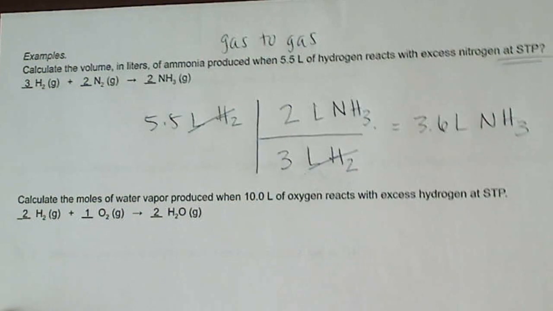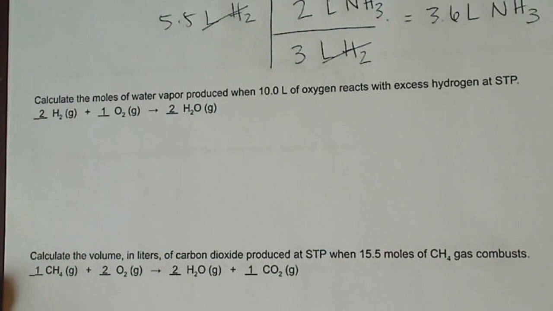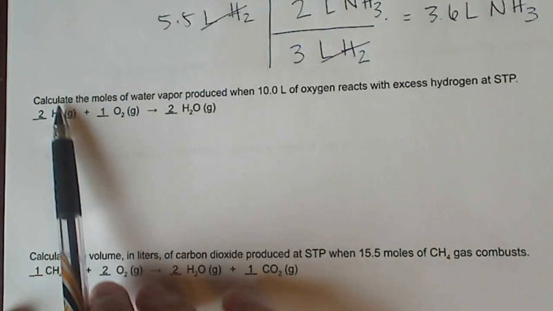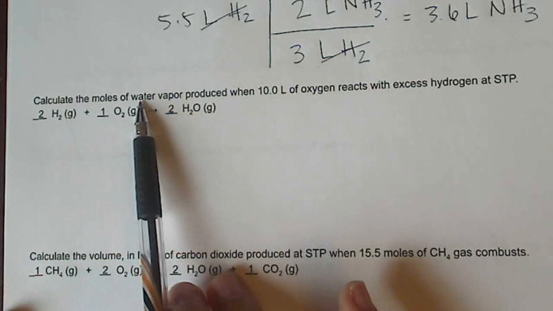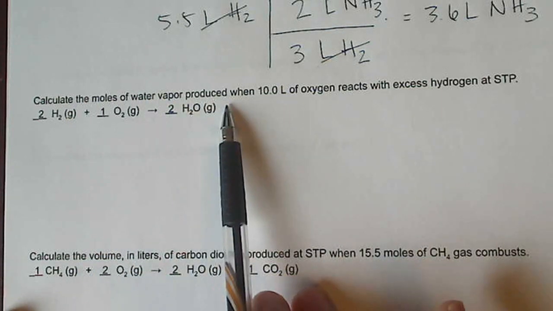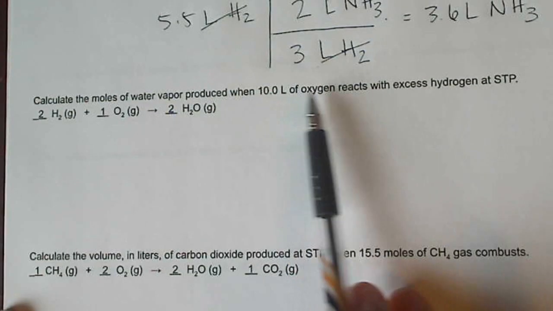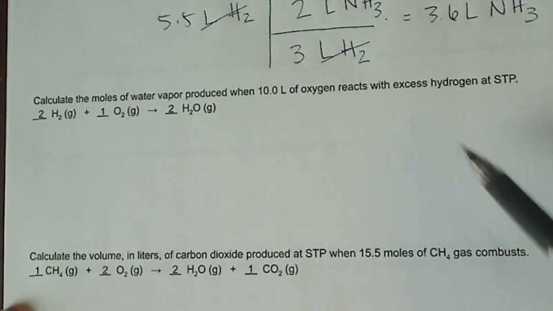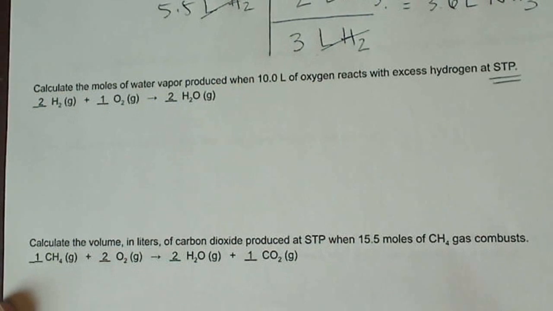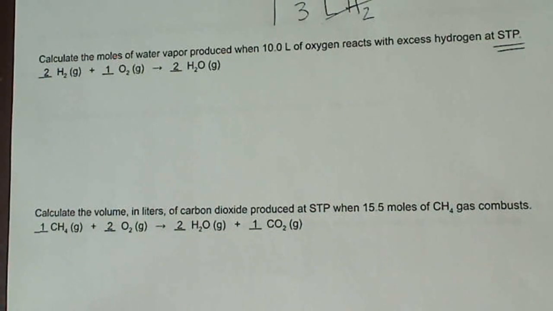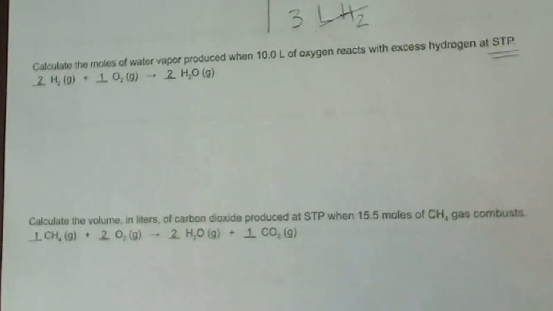Same thing for the next one. It says calculate the moles of water vapor produced when 10 liters of oxygen reacts with excess hydrogen at STP. Again, because it's at STP, I can use Avogadro's principle.